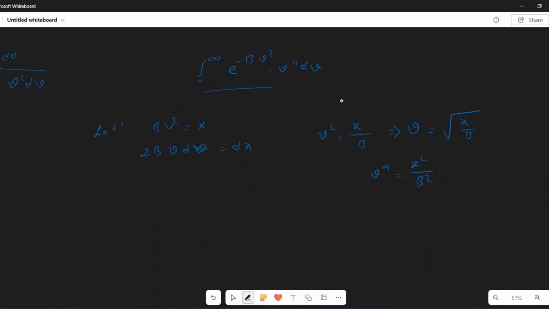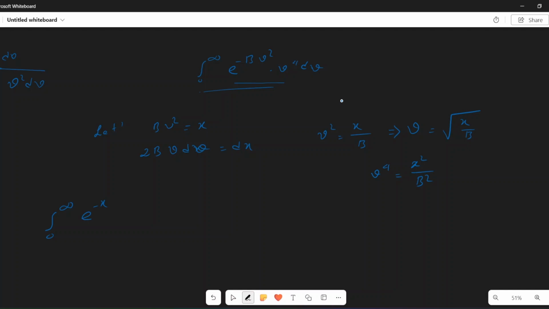Okay, now this term, and the limit of this for v and x will be the same, 0 to infinity. Now, can this expression be written in the form of e to the power minus x?